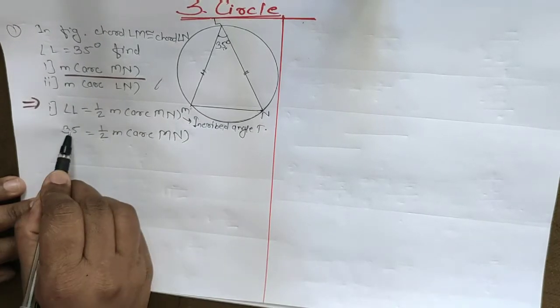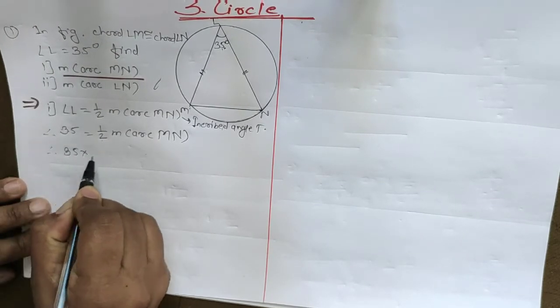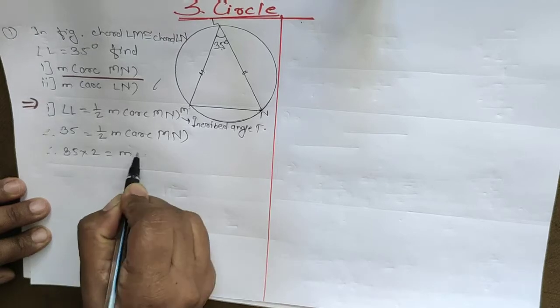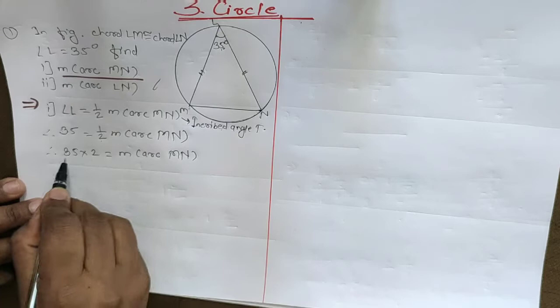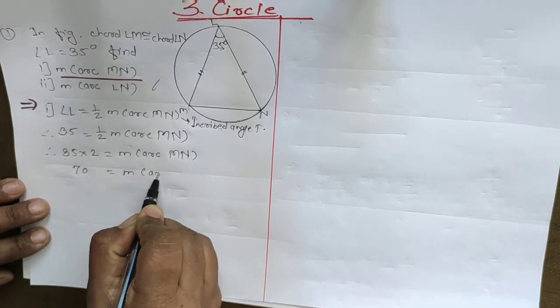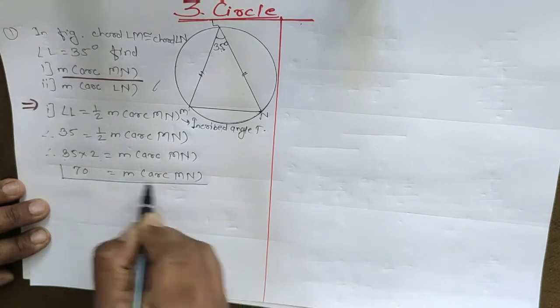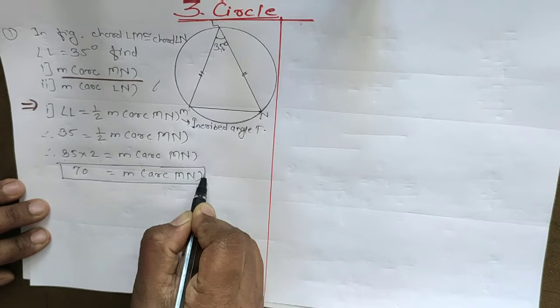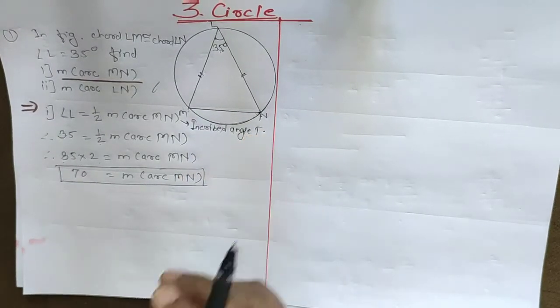This 2 will come here for the multiplication. So 35 into 2 is equal to the measure of arc MN. 35 twos are 70, equal to the measure of arc MN. So in this easy way we find the measure of arc MN.